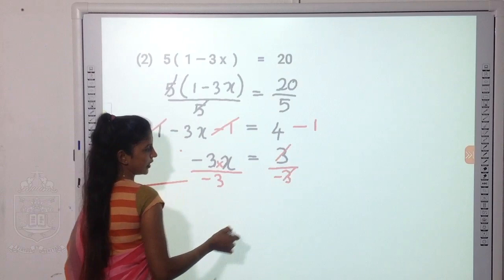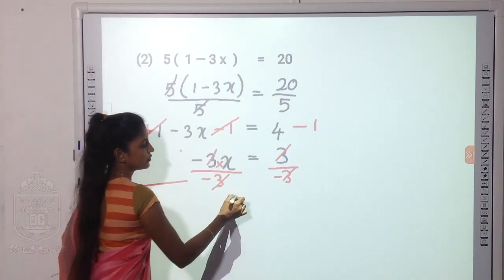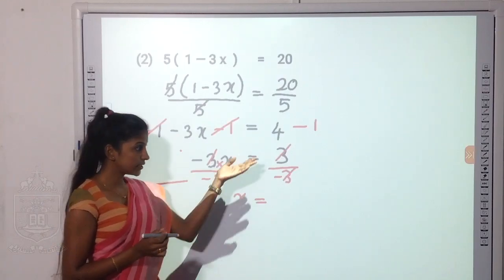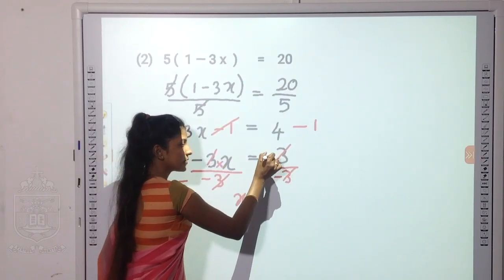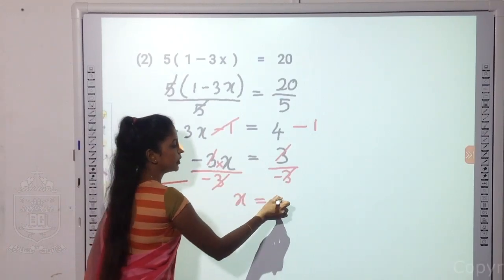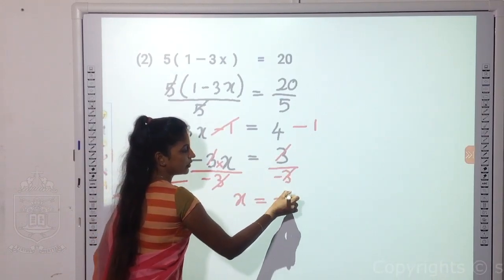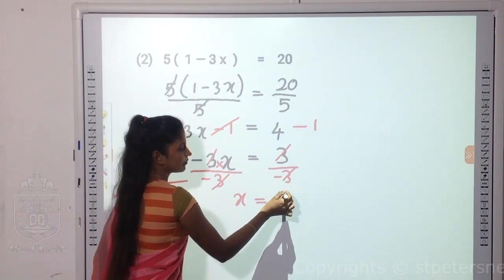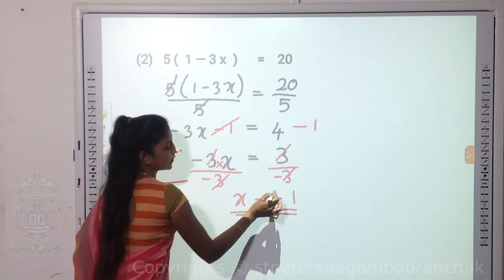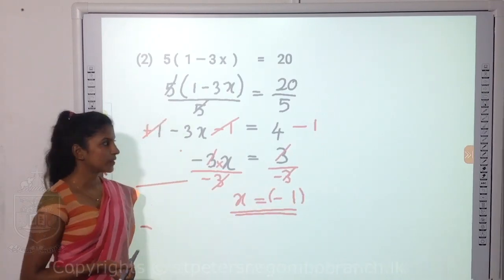Right, so 3 cancels, 3 cancels, what is remaining? X equals, now minus minus will cancel, but on this side, this is plus, right, and this is minus. So plus divided by minus, answer will be minus. 3 divided by 3, answer is 1. So x equals minus 1.